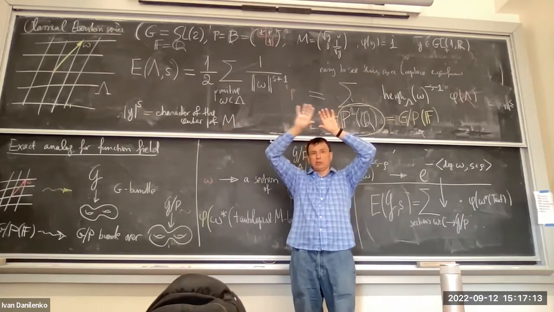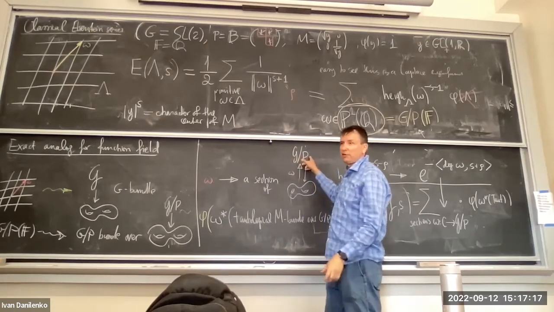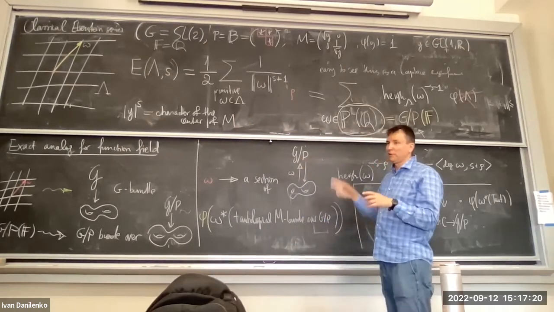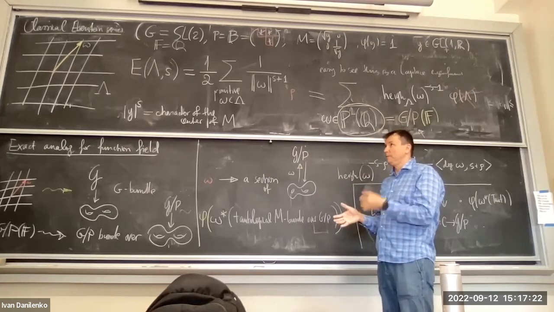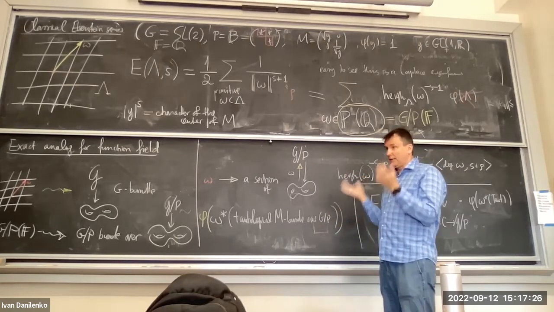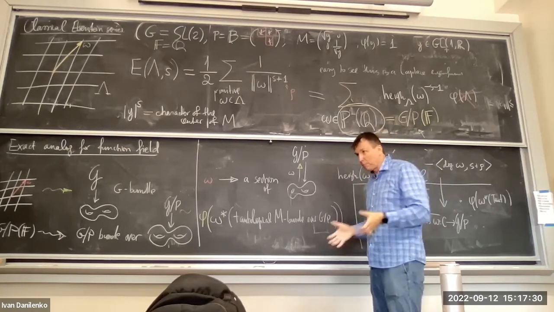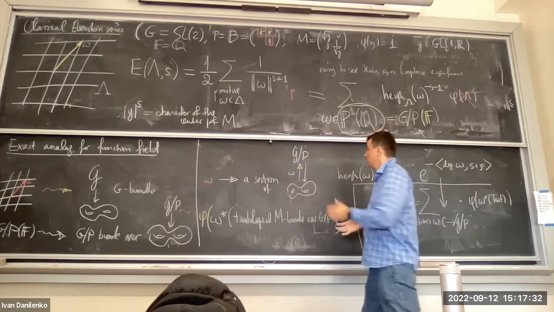So you take the G mod P bundle associated with this principal bundle, which is just the total thing mod out by P. You mod out by P, and in particular by N, so you get a principal M bundle over this space.